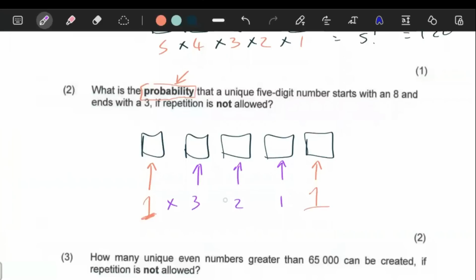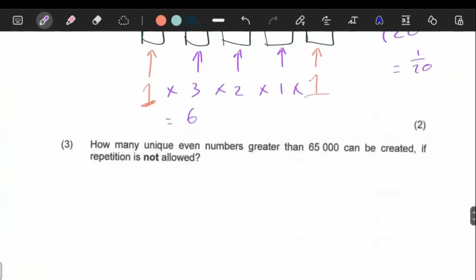So the total number of arrangements where you start with the 8 and end with the 3 is 3 times 2 times 1, which is 6. So the probability is 6 out of 120, which in the calculator gives you 1 over 20. There you go. That's why it's just a 2-mark question.